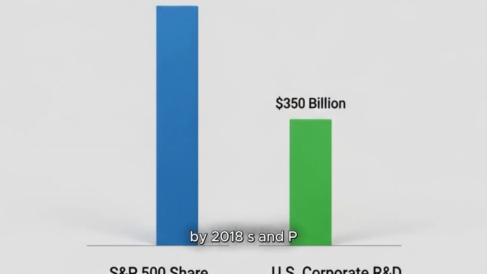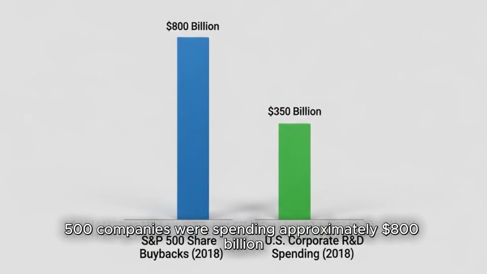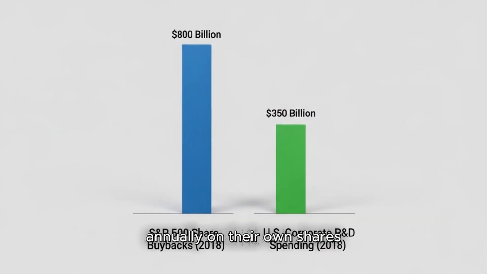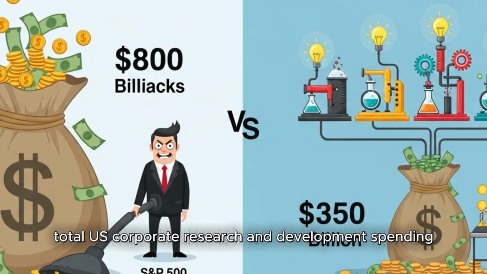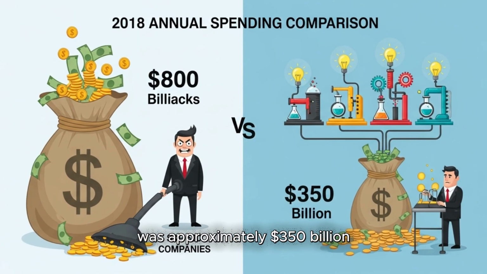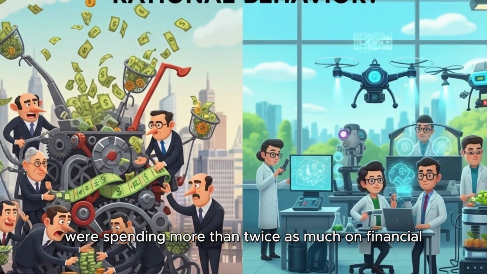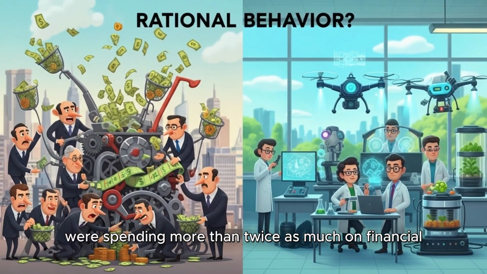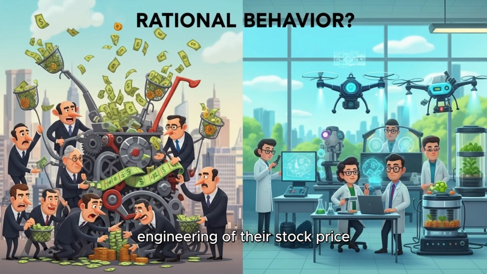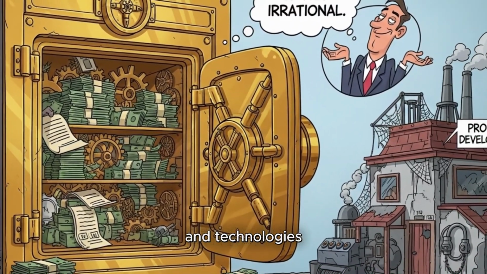By 2018, S&P 500 companies were spending approximately $800 billion annually on their own shares. In the same year, total U.S. corporate research and development spending was approximately $350 billion. Companies were spending more than twice as much on financial engineering of their stock price as on developing the next generation of products and technologies.